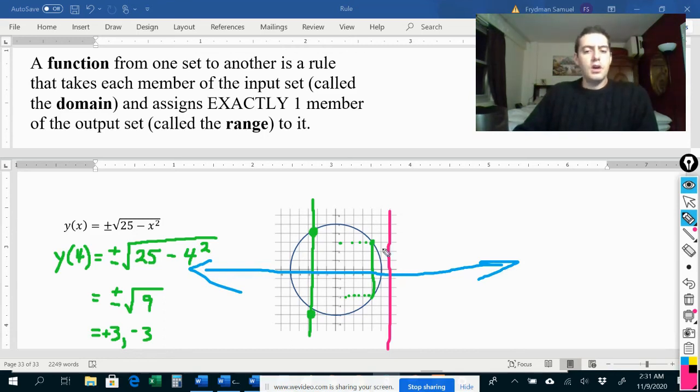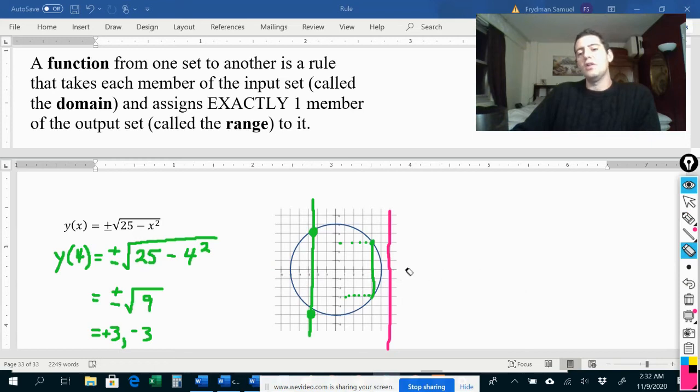So yeah, if we define our domain to be the entire x-axis, then sure. But for a circle like this, we wouldn't want to choose our domain to be the entire x-axis, because we're not really interested in any of the points outside of this circle. So what we would be more likely to do is to just say, you know what, I'm not interested in all of these inputs over here and all of these inputs over here. I'm really only interested in the circle itself.